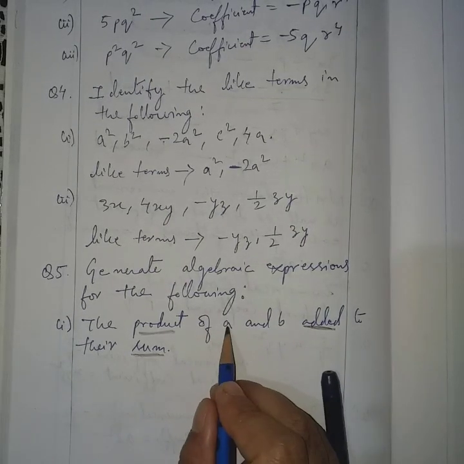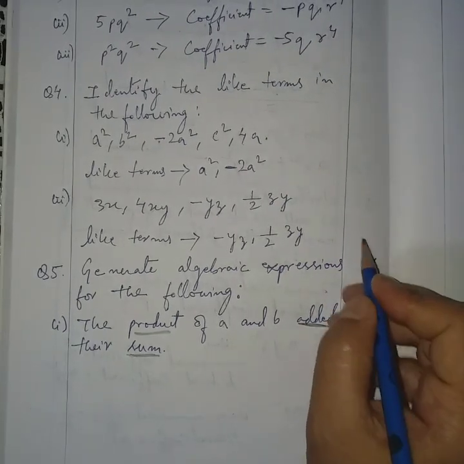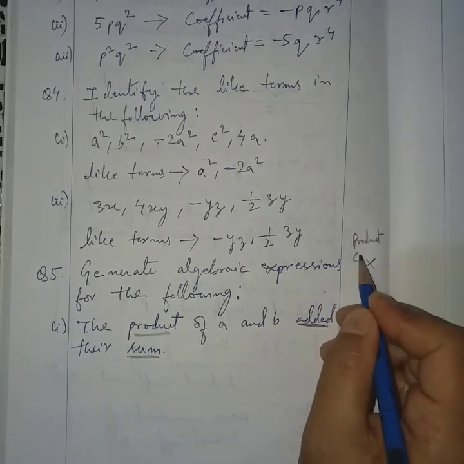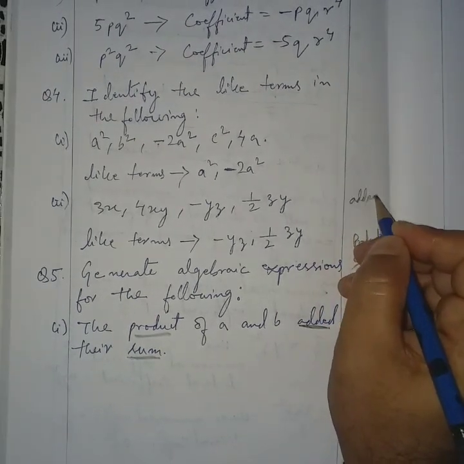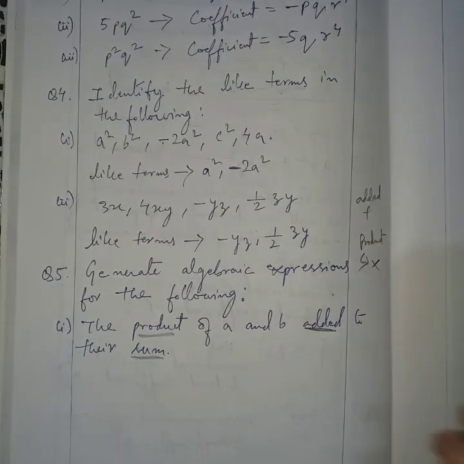So product of A and B, product means to multiply. Added means to add. Sum means the total, isn't it?